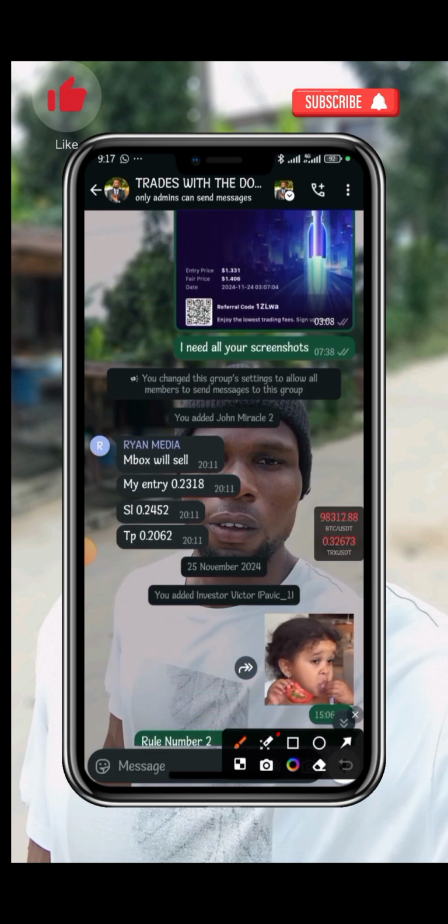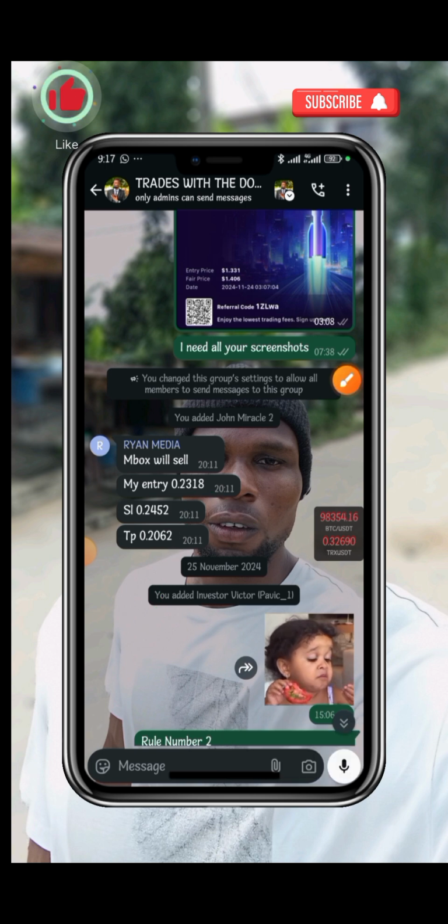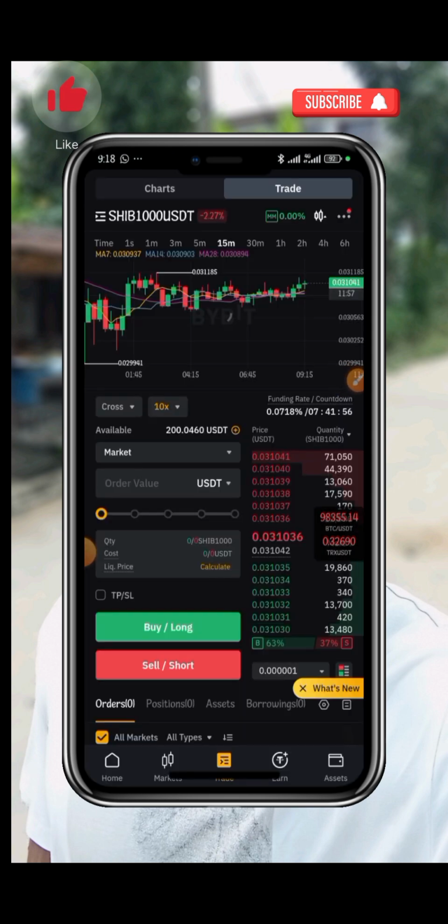Now this could be a limit trade, because at the time when he dropped this signal, the market was not at 0.2318. The market was not there. So if he told you to set your entry at 0.23, it means it's a limit trade. As the market is not yet there at that time, all you need to do is set a limit order.